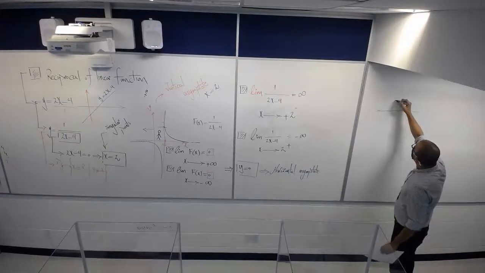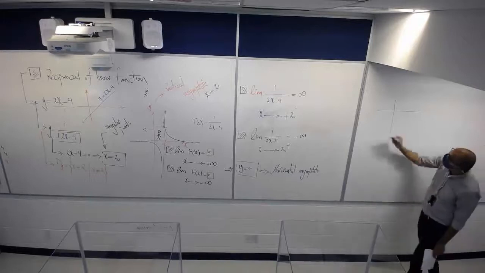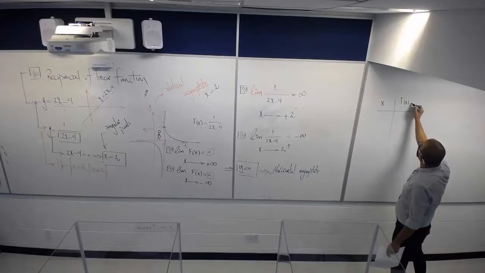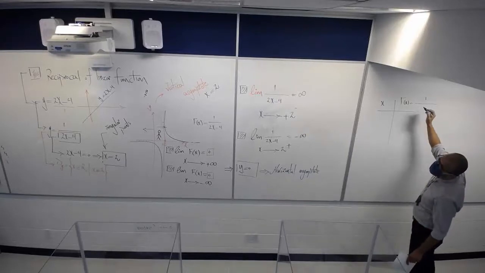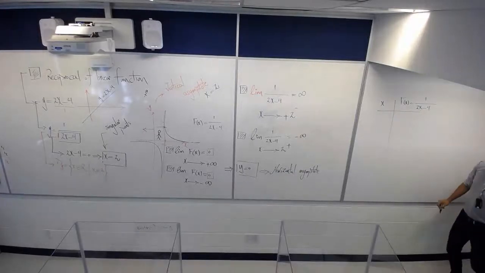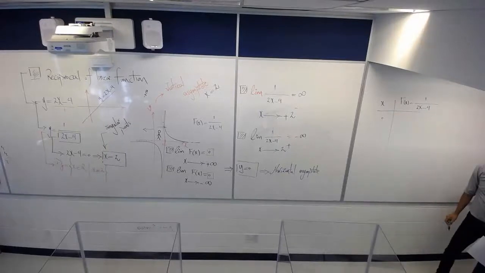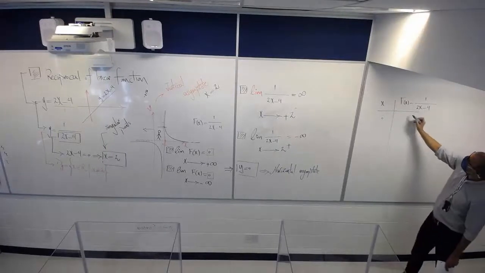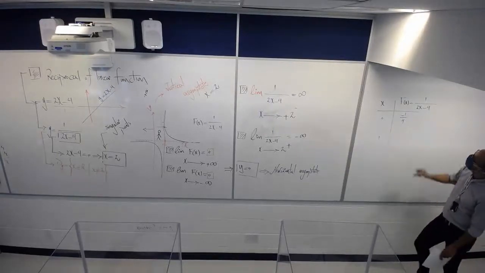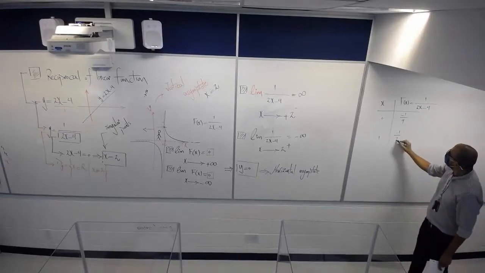Imagine that I can create a table, where this is x and this is f of x, which is 1 over 2x minus 4. Then I'm just going to give some values. If I give 0 for x, it's going to be minus 1 over 4. If I put 1 for x, it becomes 1 over 2 minus 4, which is 1 over minus 2.